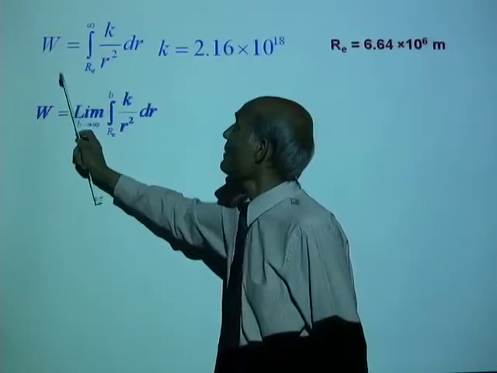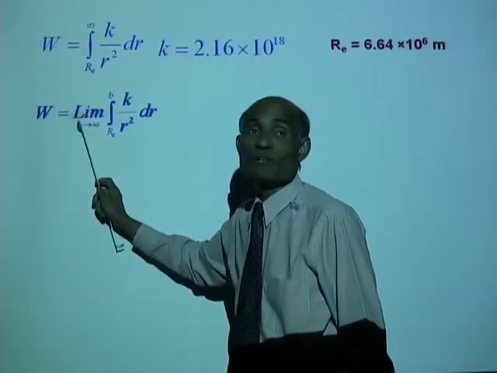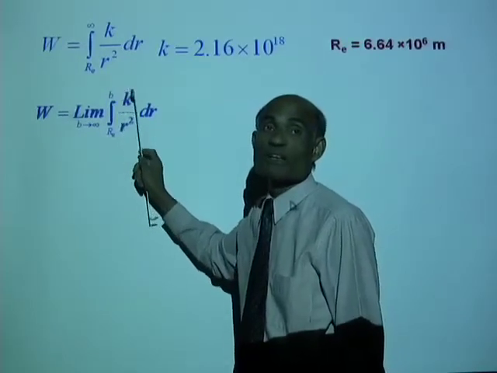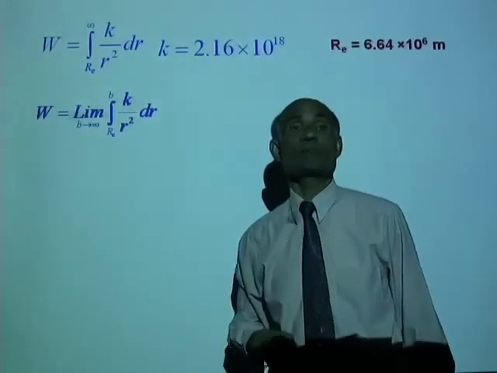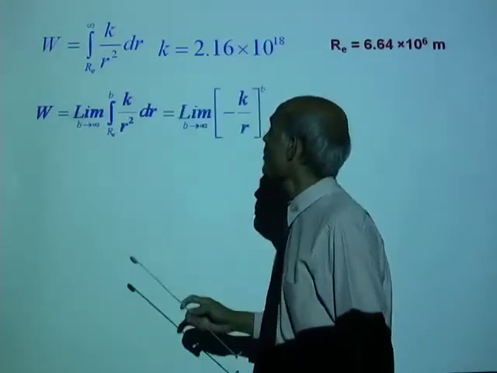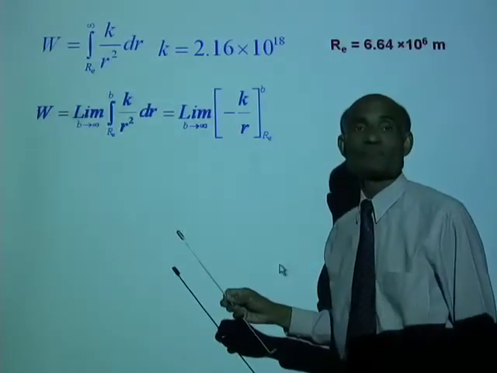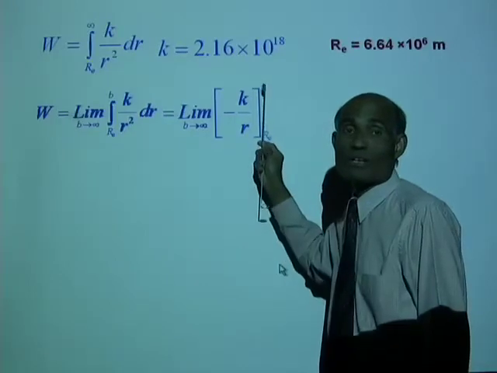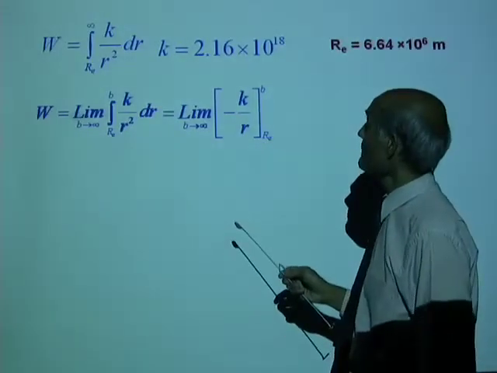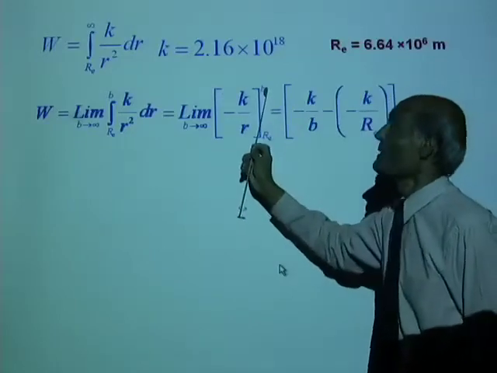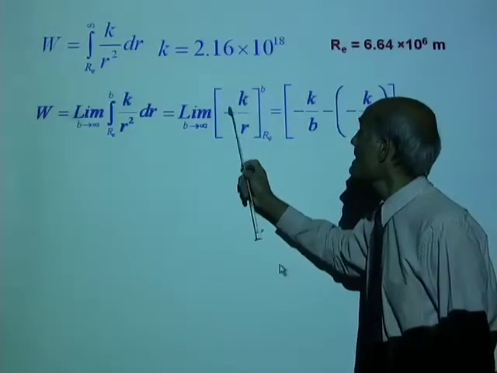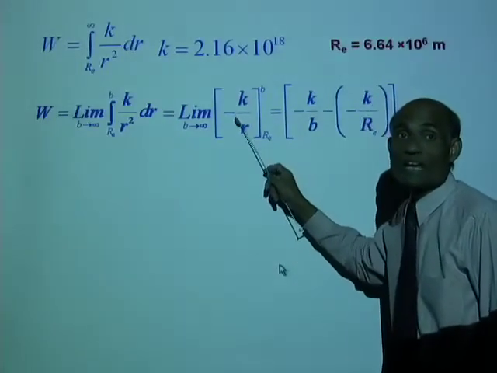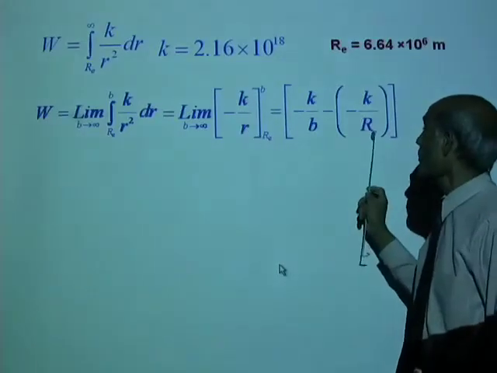So that integral now is W equal to limit b approaches infinity, integral RE to b K over R squared dr. What is the integral of K over R squared dr? It is negative K over R, and the lower limit is RE, the upper limit is b. If you apply the upper limit, it will be negative K over b, minus negative K over RE.